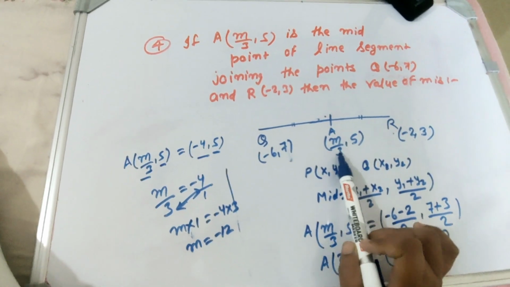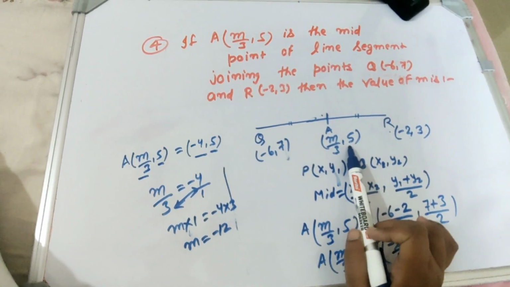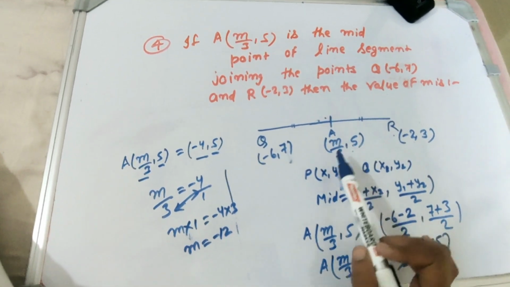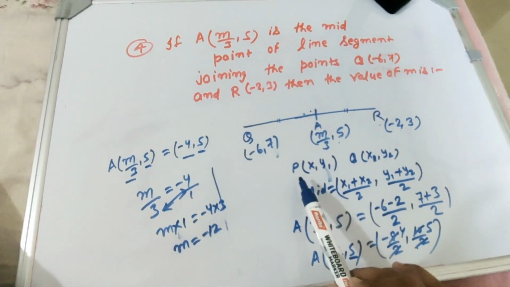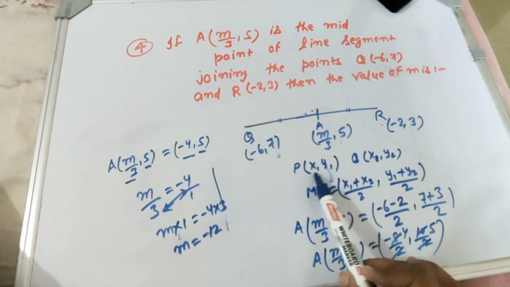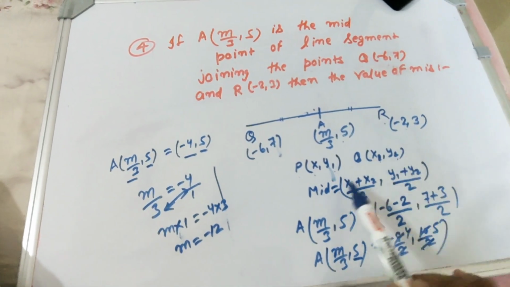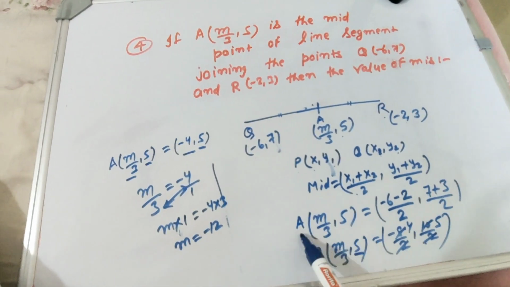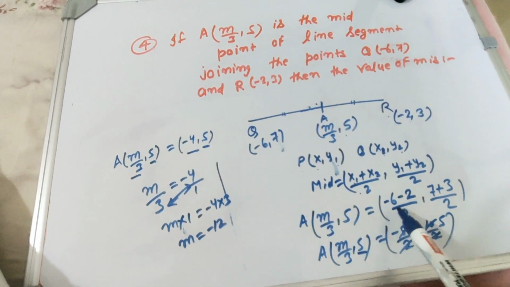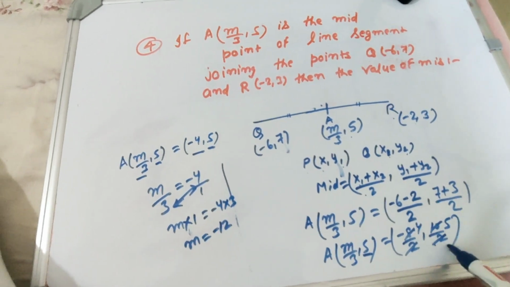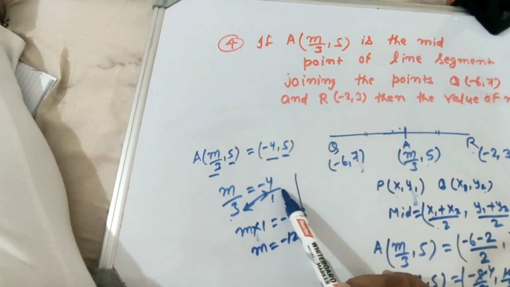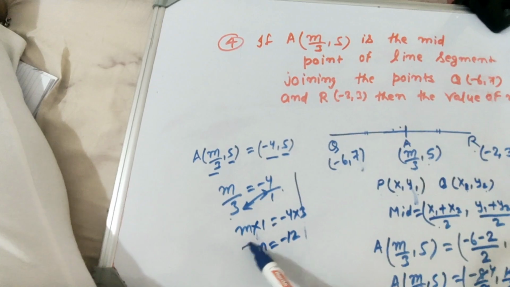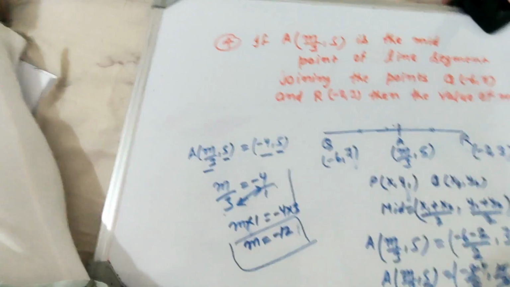Then find the value of m. I explained that for P(x1, y1) and Q(x2, y2), the midpoint is ((x1 + x2)/2, (y1 + y2)/2). So (m/3, 5) equals (-8/2, 5). m/3 equals -4, so the value of m is negative 12.